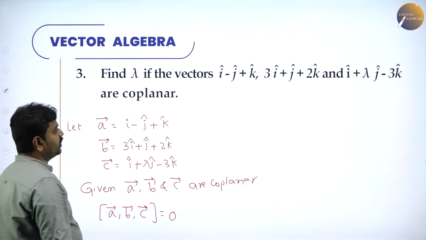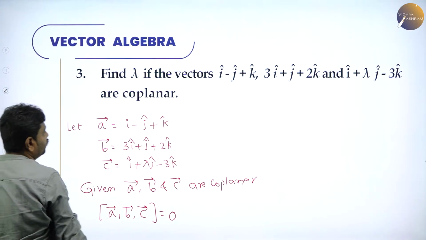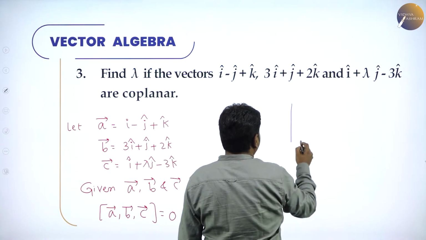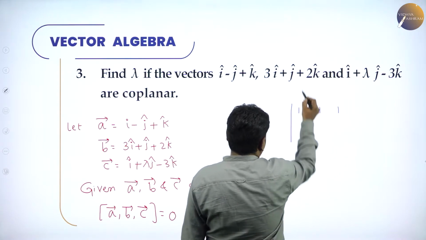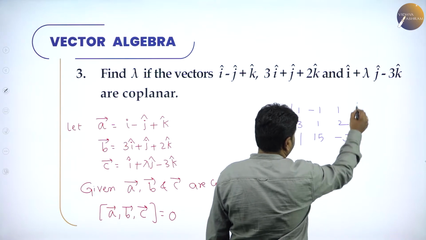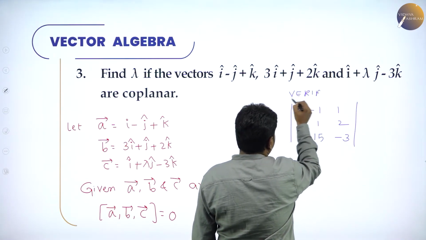And if you want, you can do verification. Verification is not necessary, just for the sake of our confirmation, we'll verify. Now we got lambda, so I'll take the determinant with first row 1, minus 1, 1, second row 3, 1, 2, and third row 1, 15, minus 3.